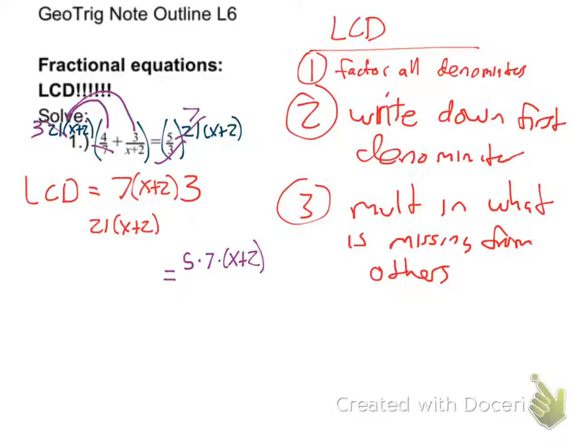And then I end up with 3 times x plus 2 times, not 7, but 4. That's only the thing that's left. Plus, what cancels on this one? The x plus 2's. So I'm left with a 21 times 3.